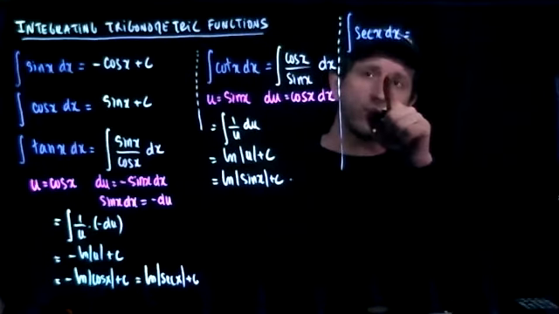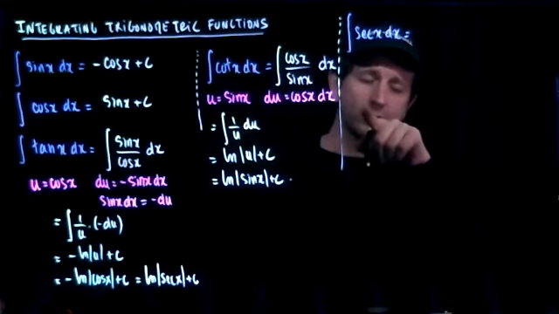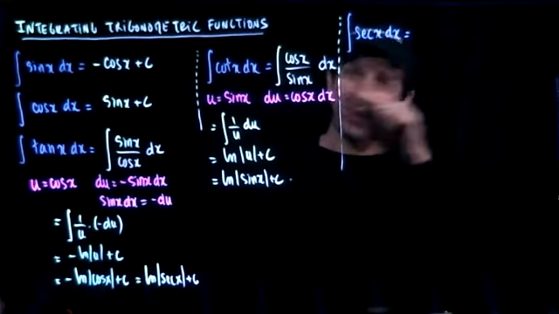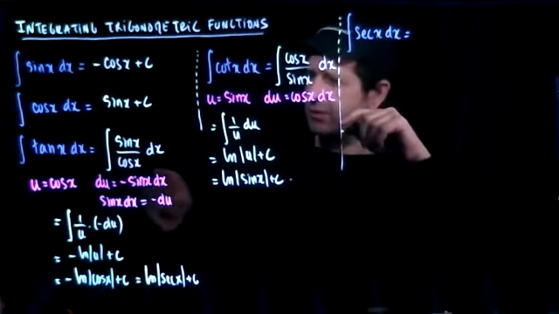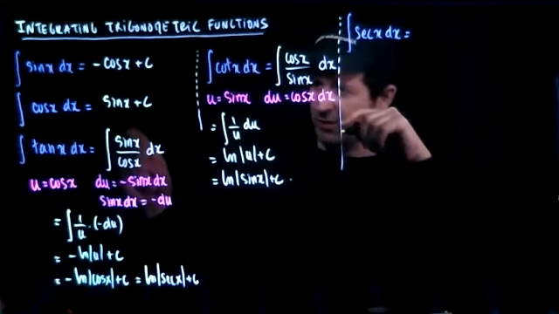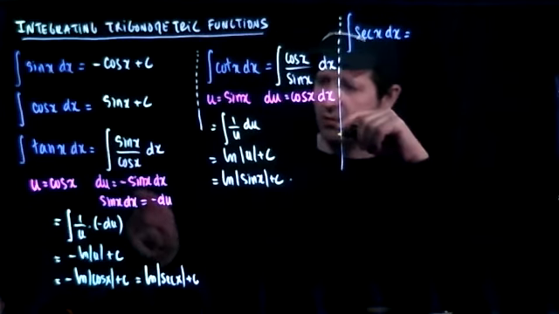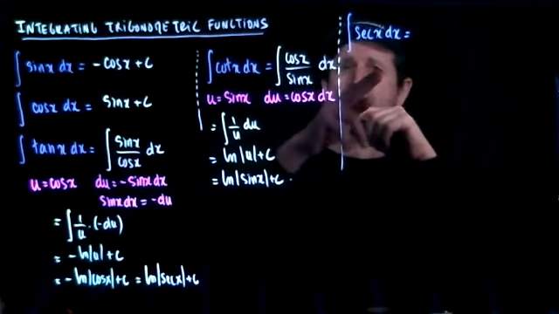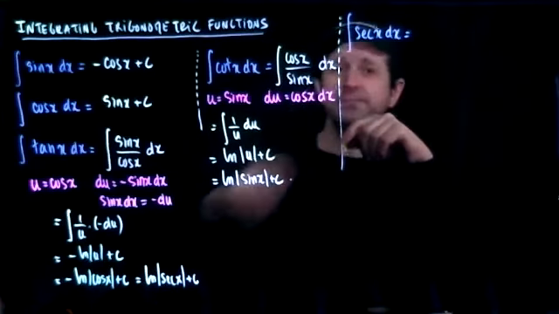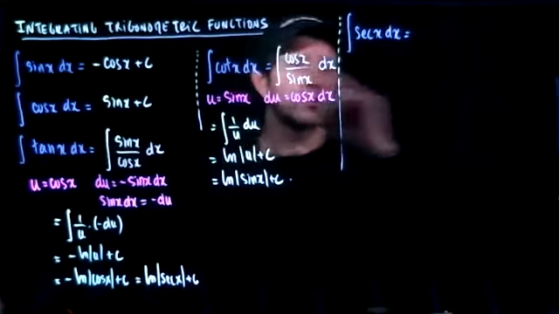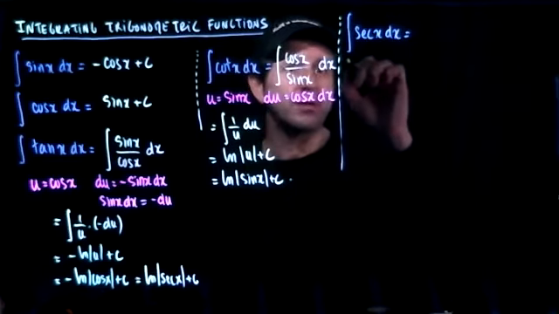Just remember that secant is 1 over cos. And that's not going to help you much because sine over cos is good because we have the sine x dx, which is du. Almost. But if we put 1 over cos, we don't have our du anymore. So we have to do sort of a little trick here.